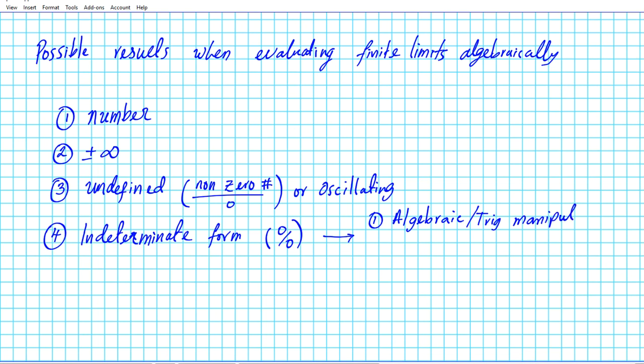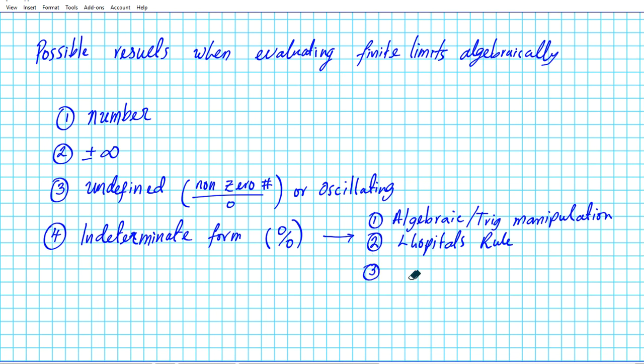You just basically rewrite it, use whatever properties of equality or trig identities you want, and see if you can carry out a cancellation that removes the removable discontinuity causing the indeterminate form. You can also use L'Hopital's rule. This is always applicable to limits of indeterminate form.